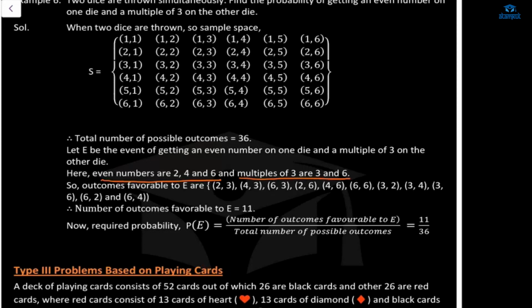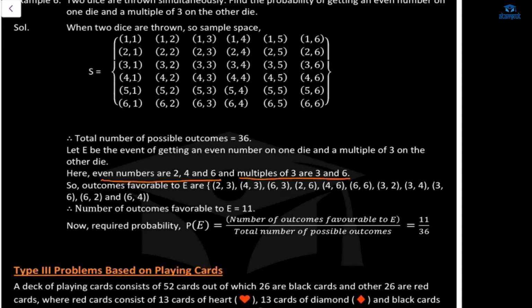That means the combination will be among these two sets of values only. It will be (2,3), (2,6), and then (4,3), (4,6), (6,3), and (6,6). And similarly, you just reverse it, because it is not said that the first dice should have this value.